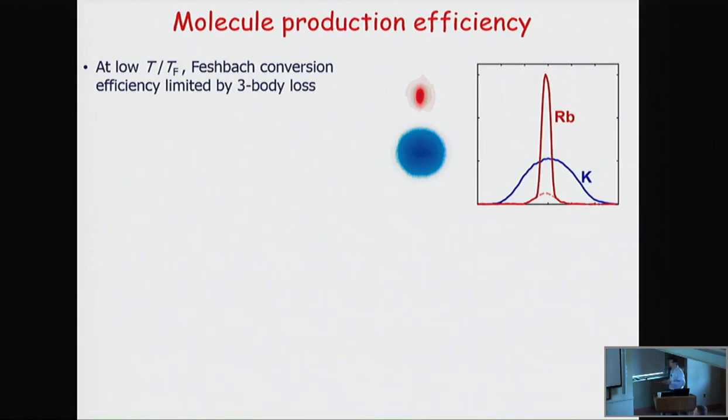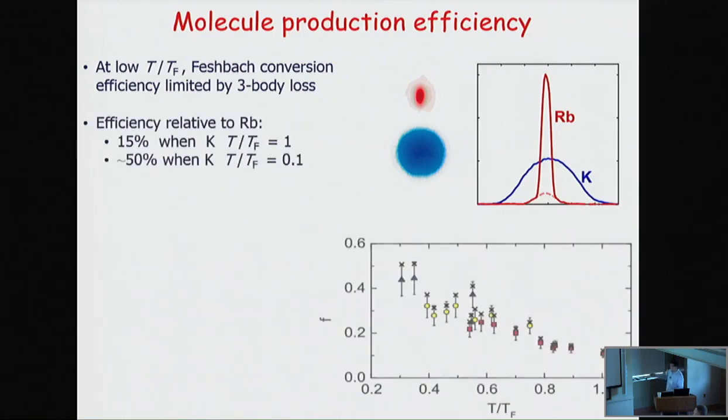And so anything that's not converting this rubidium BEC into a KRb molecule is a potential threat to a KRb molecule. But with going down to very low T over TF, say 0.1 for potassium, we have now more than 50% of rubidium gets converted into the molecules. And this is the conversion efficiency of Feshbach molecules as a function of the Fermi temperature of the potassium gas, which is kind of like a positive feedback.